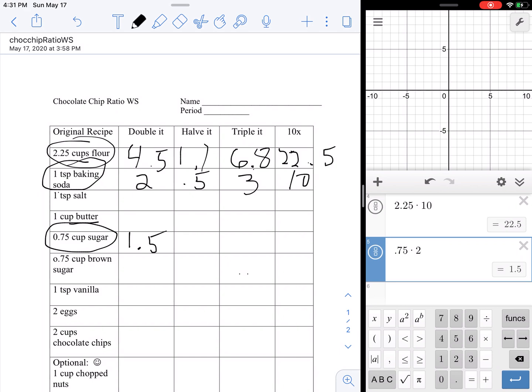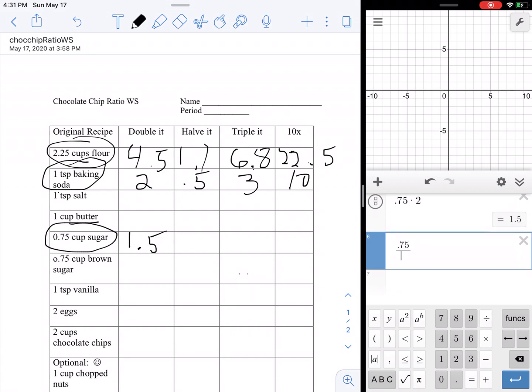If we're going to cut it in half, we've got 0.75 cups, and we're going to divide that by 2, or we could multiply it by 0.5, is 0.375.